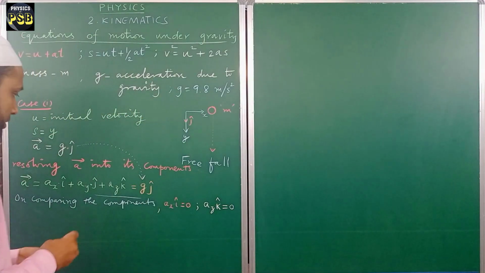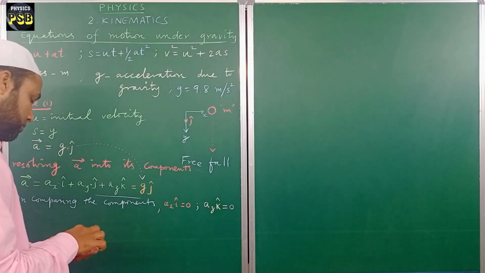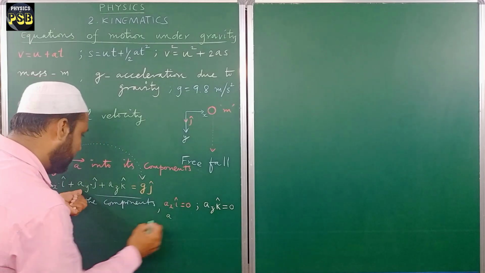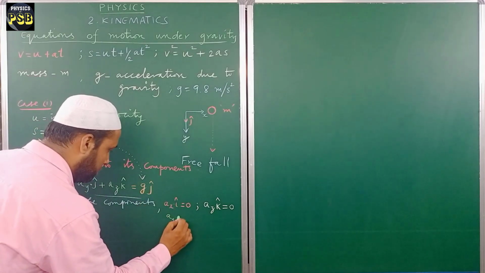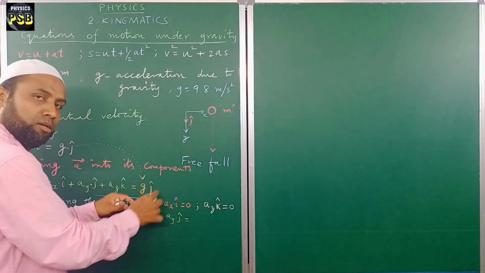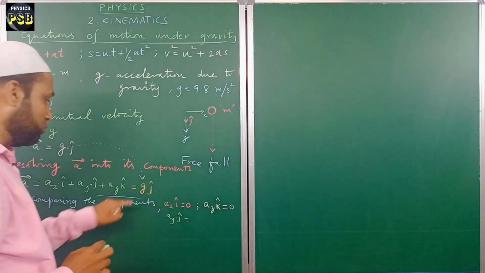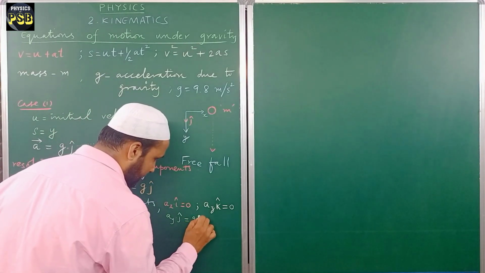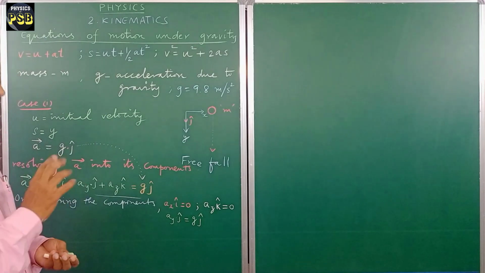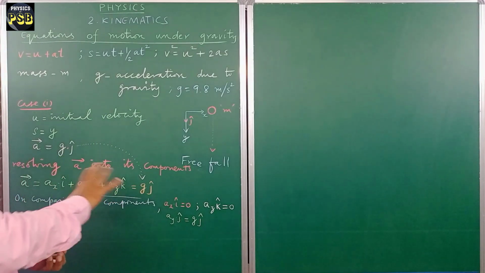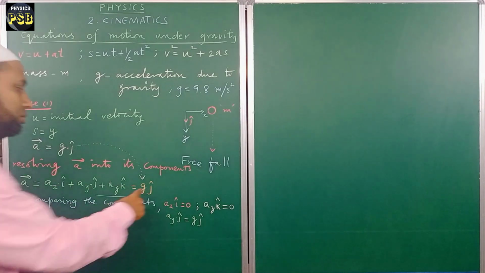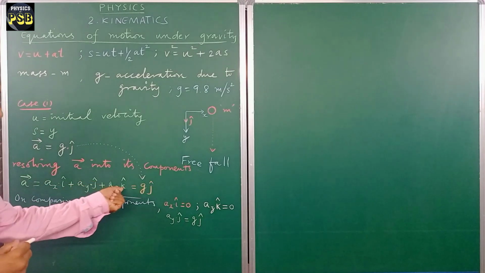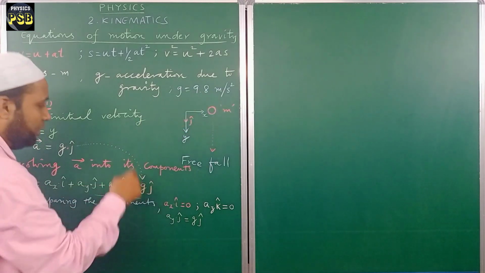Understand? Next, I have Ay j cap. Here, the term which is multiplied with j cap is nothing but g. So I write it g j cap. Now I'll do one thing. For better understanding, I'm going to include the remaining terms, remaining components.